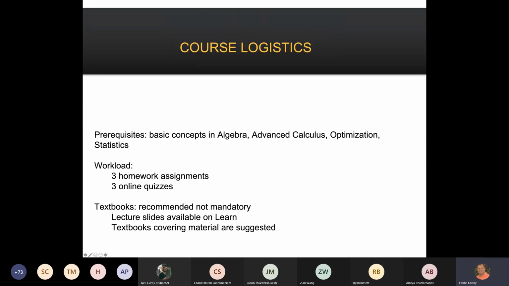So this is the course logistics. This is a very brief summary of the prerequisites for the course, the workloads, the textbook. The textbooks, as I mentioned to you, are not going to be mandatory. If you would like to buy them, rent them, or purchase them, that's up to you.